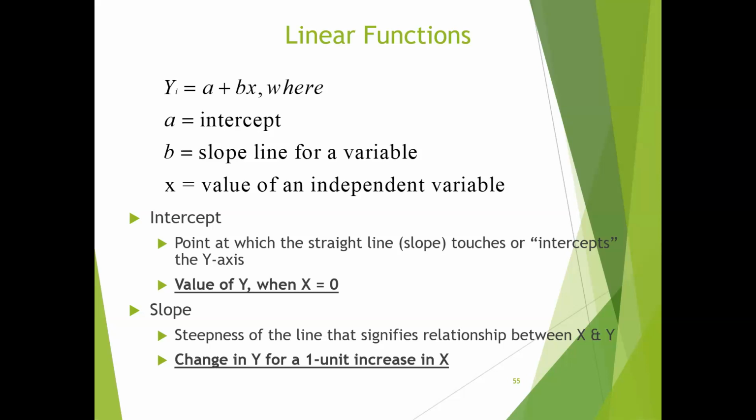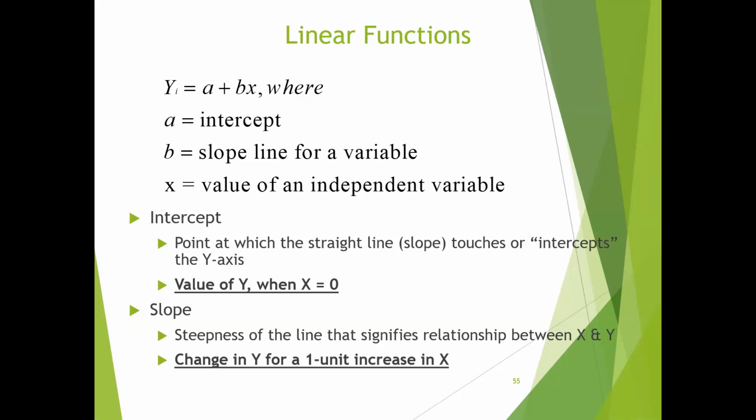I'm talking about XY coordinates, and the straight line is the line that represents the relationship between X and Y, right? Wherever that line touches the Y-axis, that is called the intercept, where it intercepts with the Y-axis.